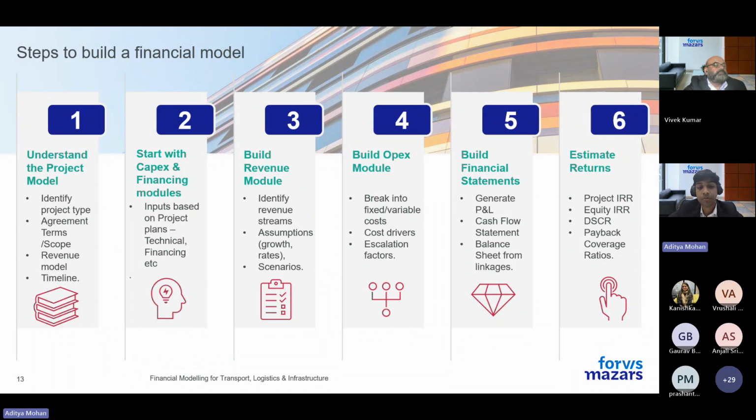Before you touch Excel, before you start with the financial model, it's important to understand the scope of the project model. You would look at the product, the process, customers, pricing basis, and operational aspects. You would also look at the revenue model, whether it's fixed lease, variable, or volume linked. Also look at the timeline: what is the construction period, ramp up, and concession life?